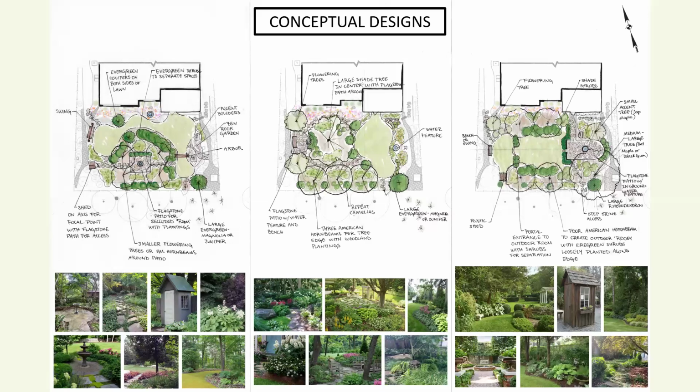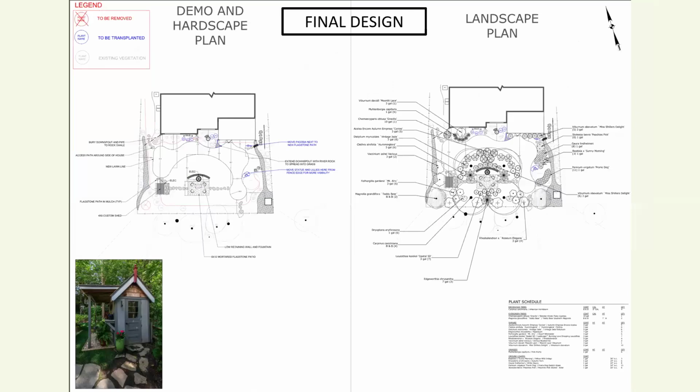So after talking, pushing pros and cons, back and forth, discussions and decisions, we honed in on a design that then included a very tiny, cute garden shed. And as you can see from this plan on the right, we greatly reduced her lawn, which was the goal.